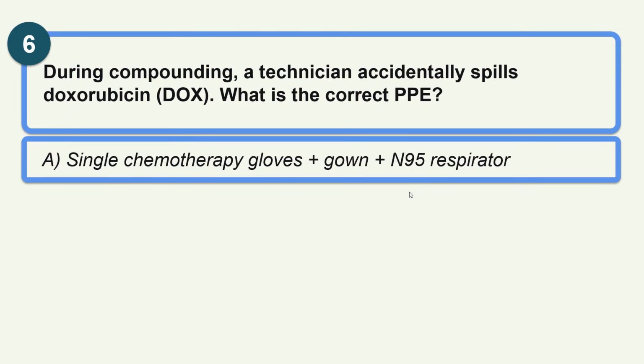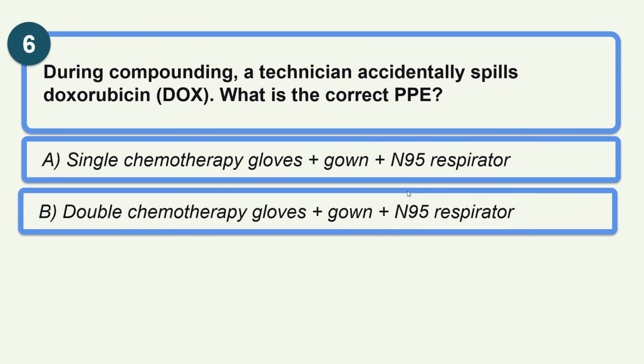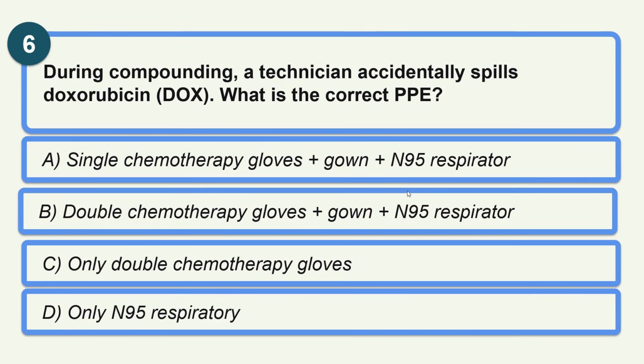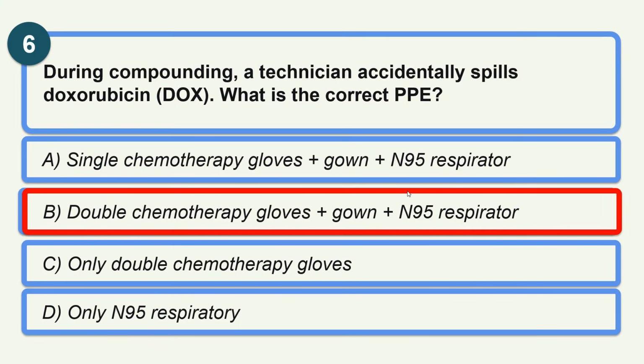Single chemotherapy glove plus gown and N95 respirator, double chemotherapy gloves, gown and N95 respirator, only double chemotherapy gloves, only N95 respirator. The correct answer is that handling a spill of chemotherapy drugs like doxorubicin requires double chemotherapy gloves, gown, and N95 respirator.